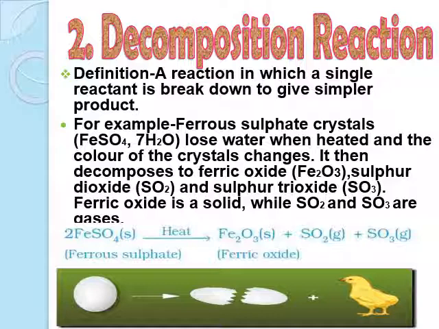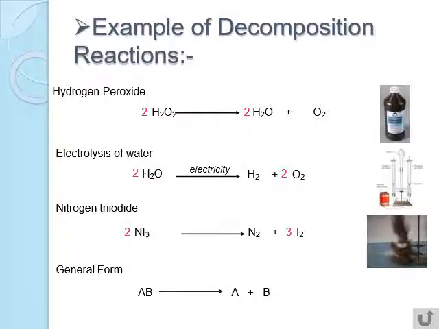Ferric oxide is solid, while SO2 and SO3 are gases. So we can see the complex compound is decomposed into simpler forms. Let us see some more examples of decomposition reactions.